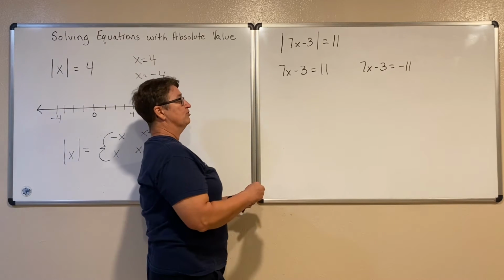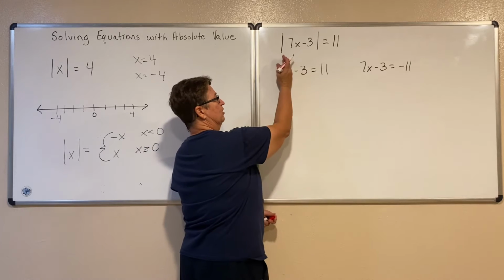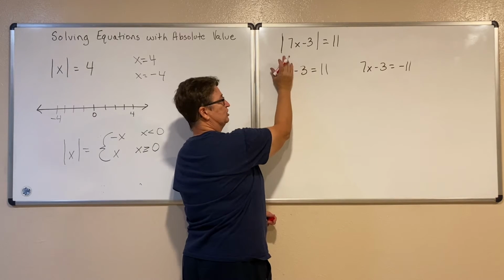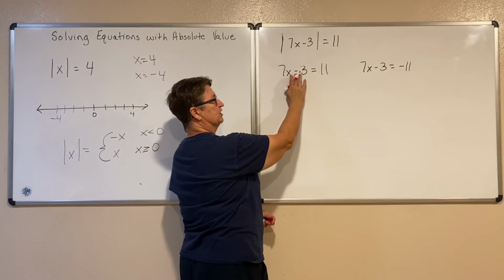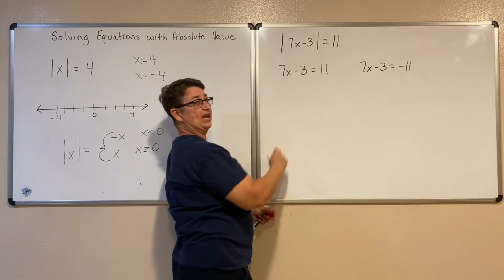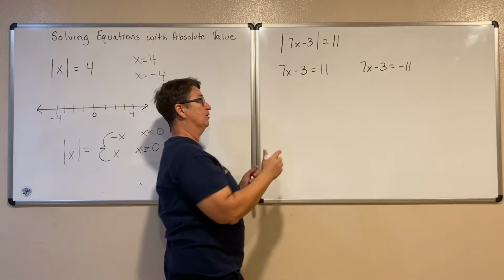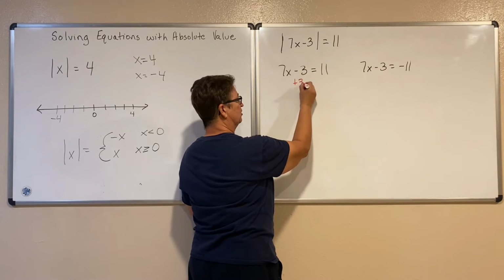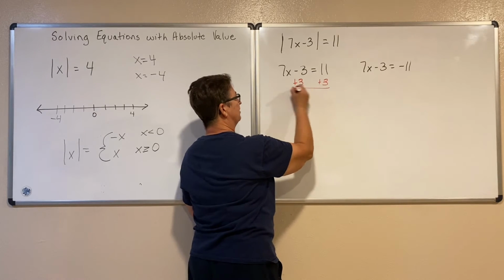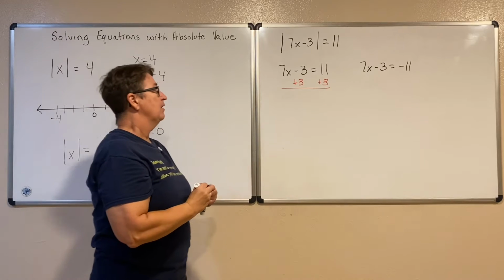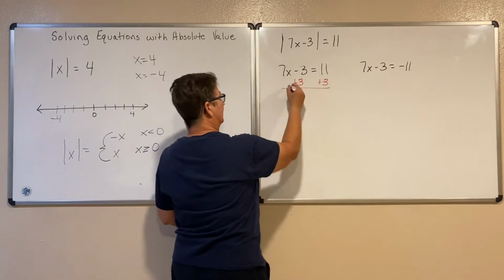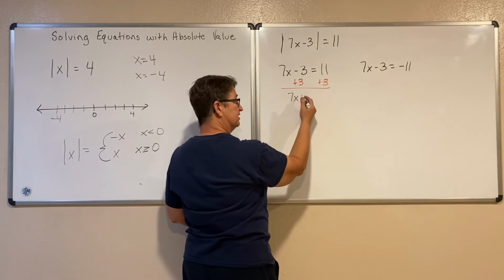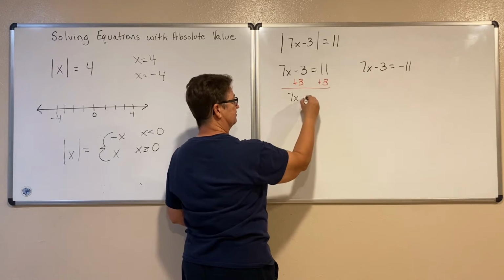So remember, when solving the equation, we say what's not touching our x there, and we're going to get rid of or move this negative 3 first by zeroing him out. So the inverse of subtraction is addition, so I'm going to add 3 to both sides. And that leaves me with 7x plus 0, which is 7x.